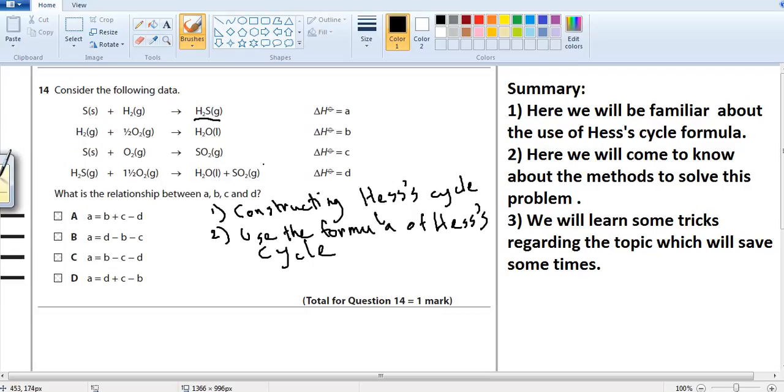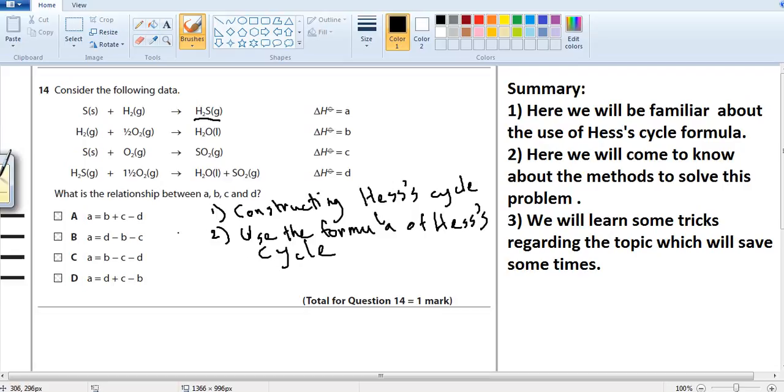The other one is very easy, but it doesn't come to your brain. Most of you will choose the first one, since most of you might not know the second option.